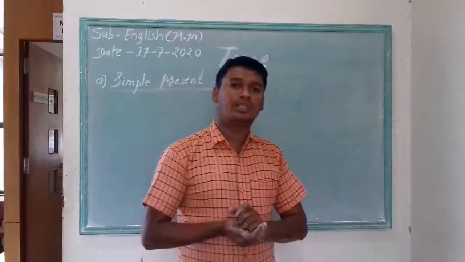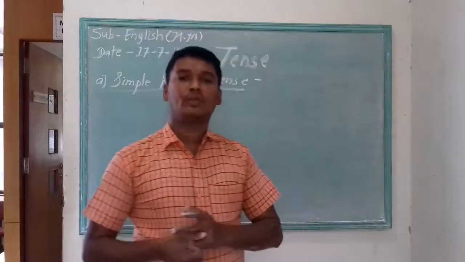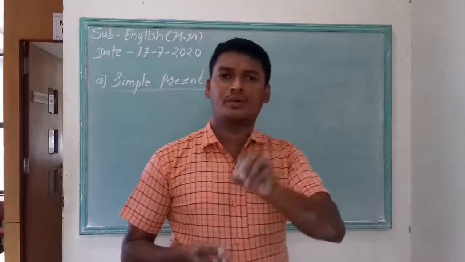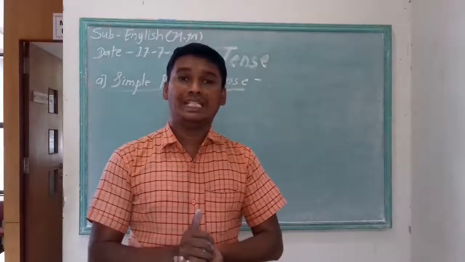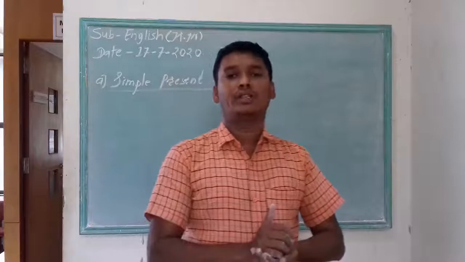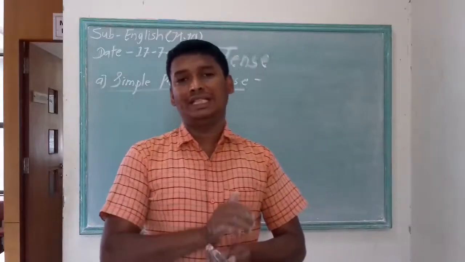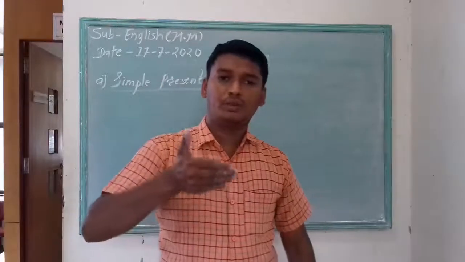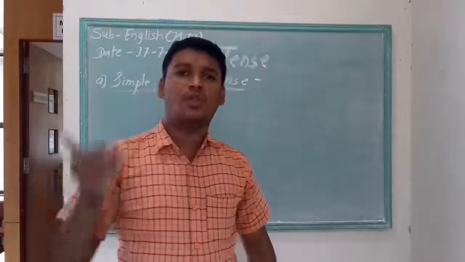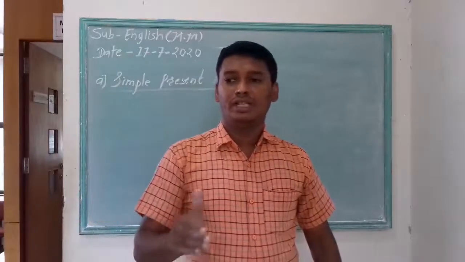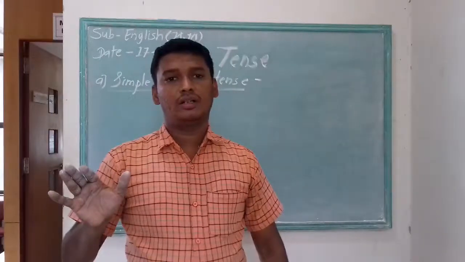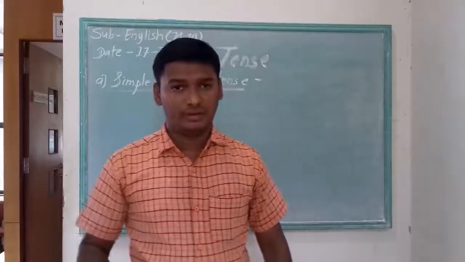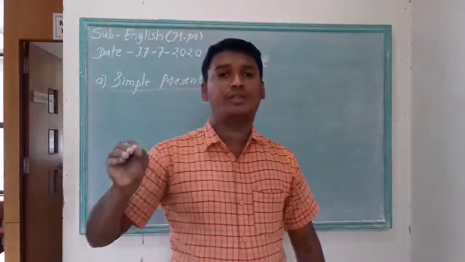Second, we use this tense to express universal truth. What is the meaning of universal truth? Universal truth is such truth which cannot be changed in any tense at any time. It remains always true forever.